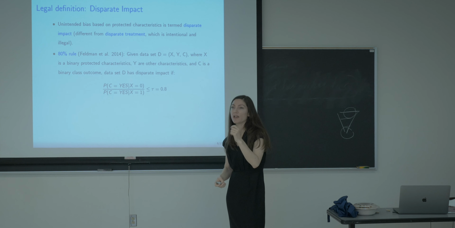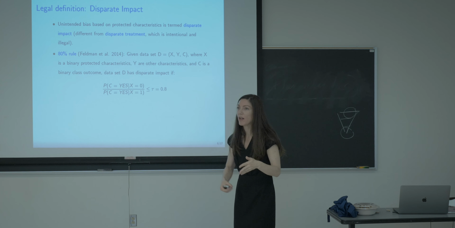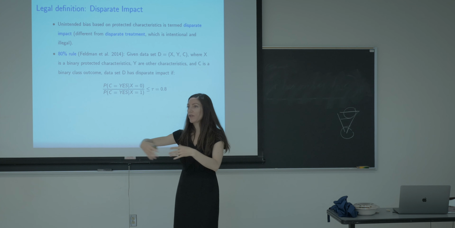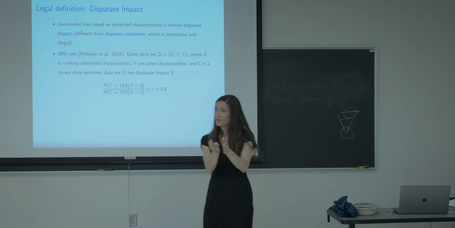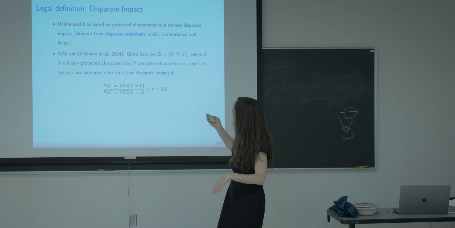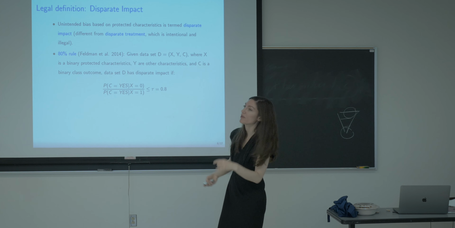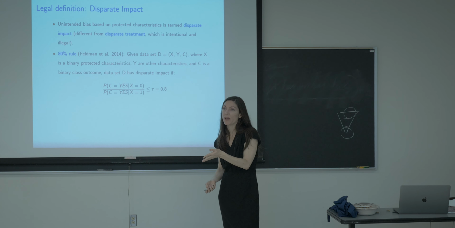So for example, if you're thinking about hiring decisions, X could be, say, the gender of the individual, Y could be training, education, other information of the applicant, and that information could correlate with X. And then C is a column containing the decision, what decision was made.